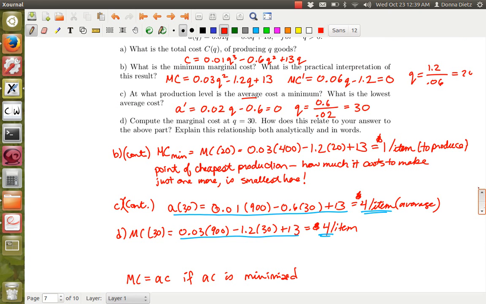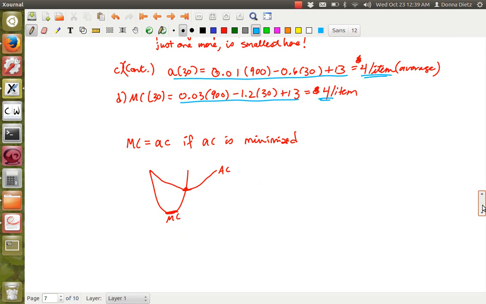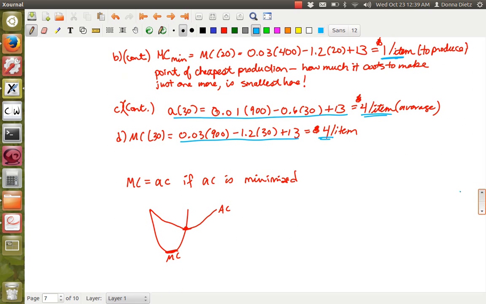We found marginal cost is minimized at $1 an item, but the 1 would be over here, and the 4 would be over here. This must be Q is 20, and this over here must be Q is 30.